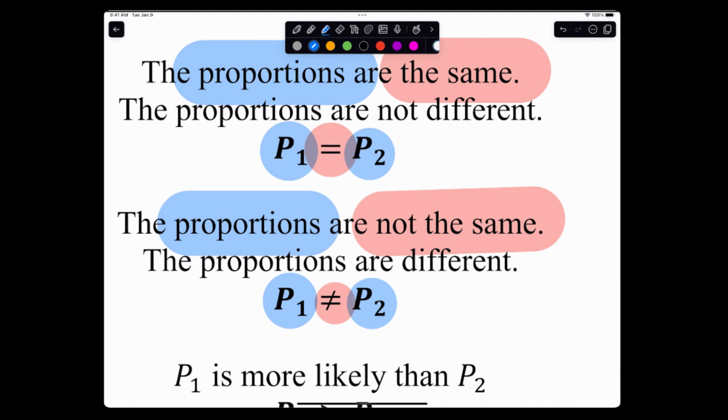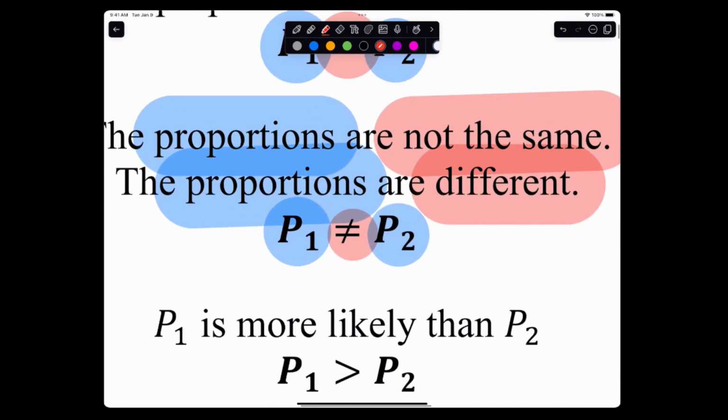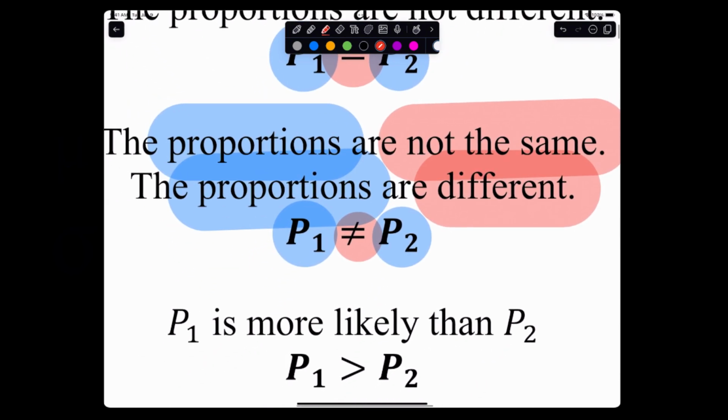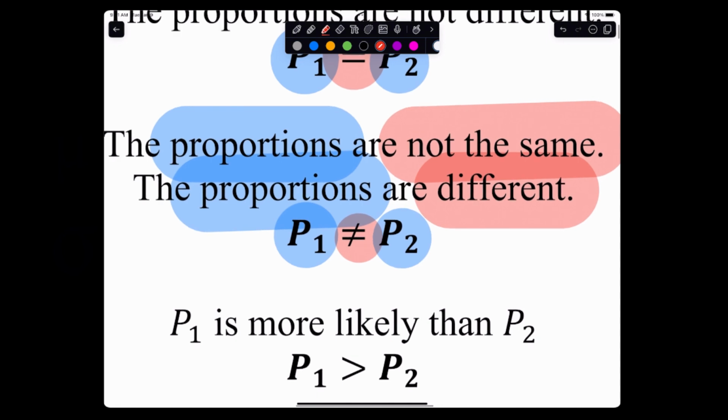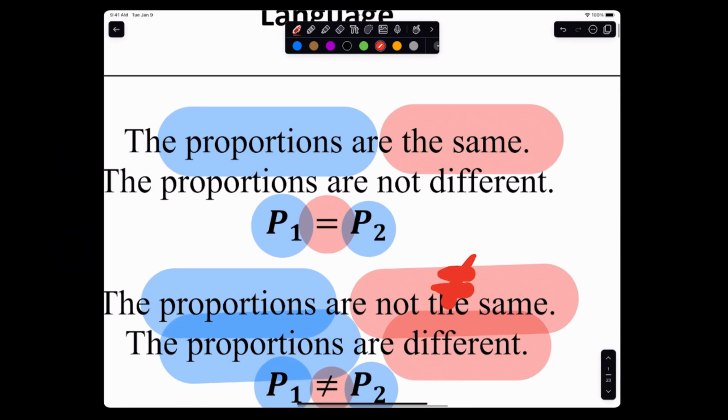So you can also see the language that says that the proportions are different. So the symbols associated for the language not the same or the proportions are different, that's not equal. Okay, you guys okay with that? It's not equal. Over here, saying they are the same means they're equal. Does that make sense?